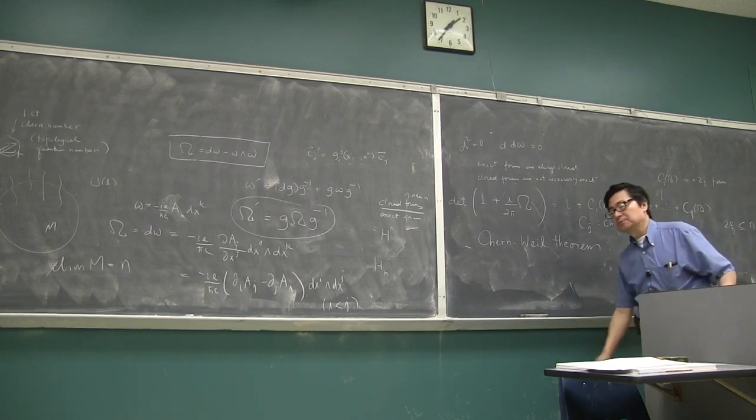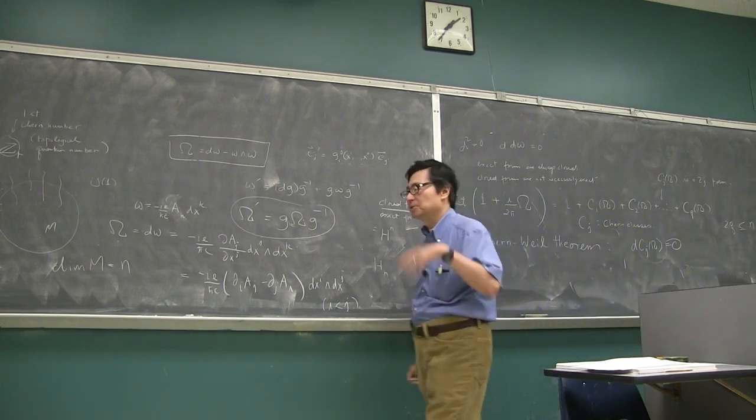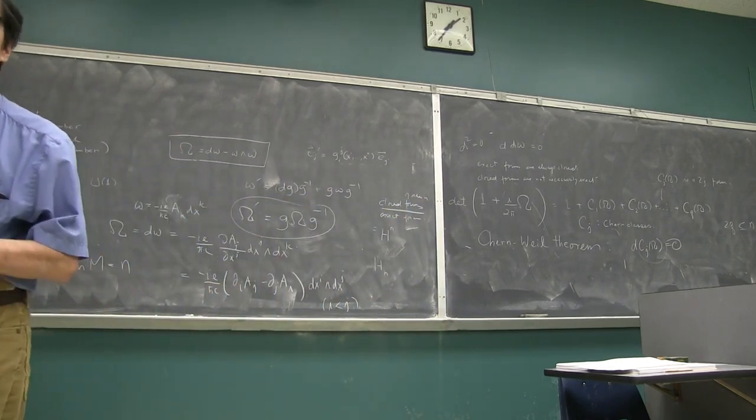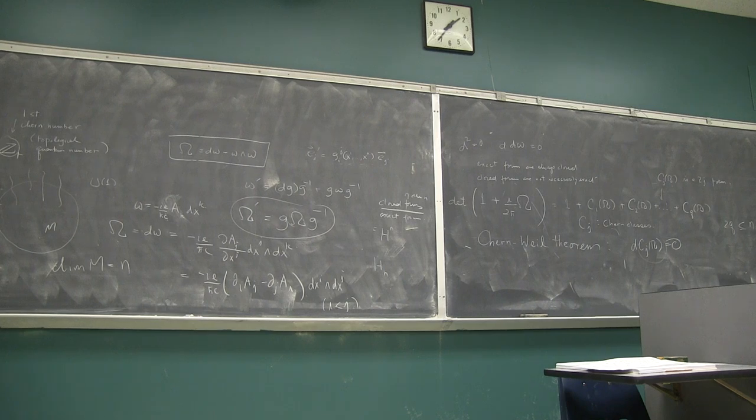There are many other kinds of so-called classes, such as the Euler classes and the Pontryagin classes and so forth, which people come across in the study of differential topology. But the Chern classes are the ones important in the study of vector bundles which have complex vector spaces as fibers. That's why the factor i appears over there.